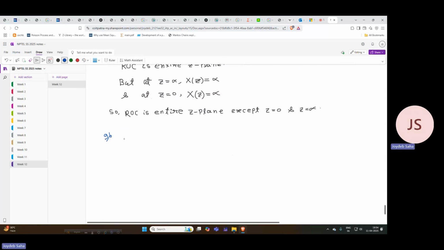So question number 9. Find Z transform of xn is equal to delta n.